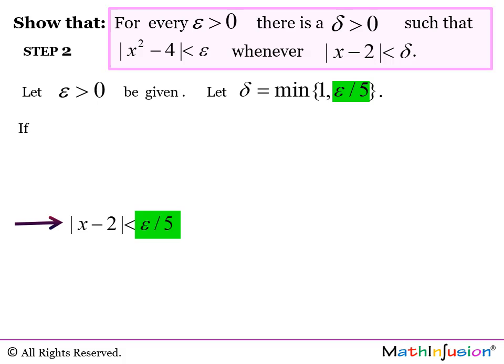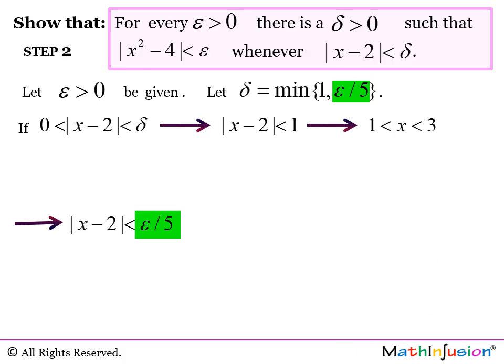Now we have to go forward, which means if x minus 2 in absolute value is greater than 0 and less than delta, we get that x minus 2 in absolute value is less than 1, because delta is the minimum of 1 and epsilon over 5.